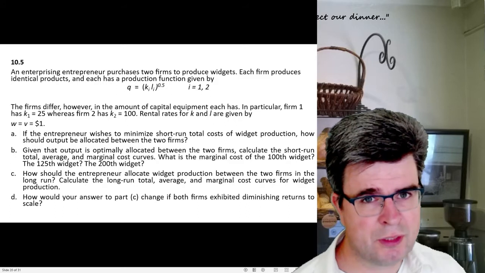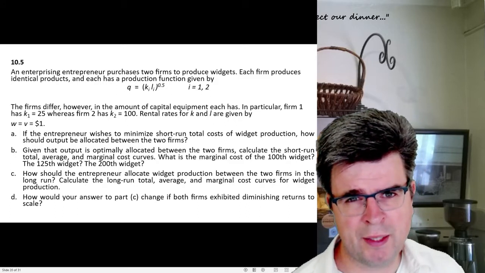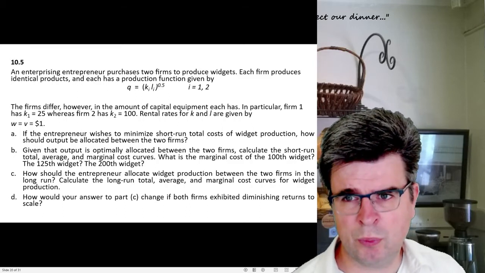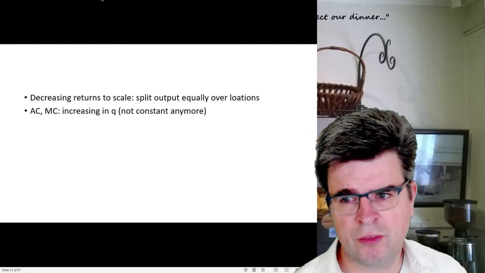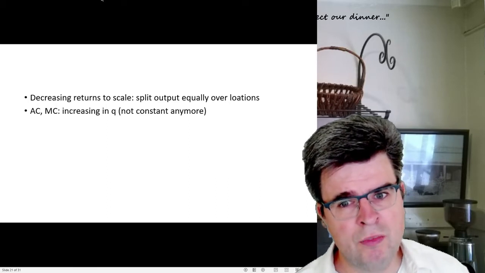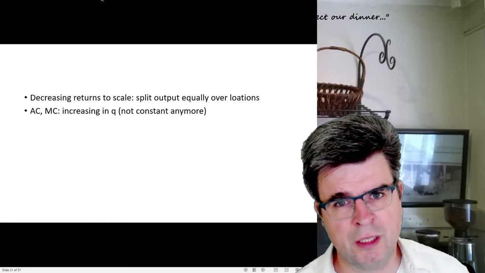Well, in exercise C, we found that it doesn't matter how you allocate the production over the two plants, but if there's diminishing returns to scale, then you want to do things differently. And how do you want to think differently? Well, you want to split output evenly across the two locations if there's decreasing returns to scale.